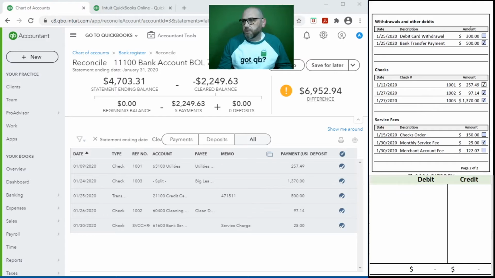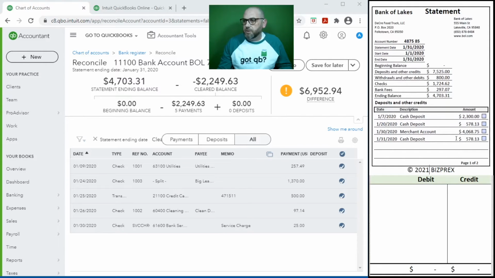What do we have? Well, we have a drawer. We took some money out of the business for personal use. What else do we have? We ordered some checks, and we have a fee from the bank for processing credit card payments from our customers. So we've got to book all those, and then we have some deposits that we've got to book. So let's get on it.